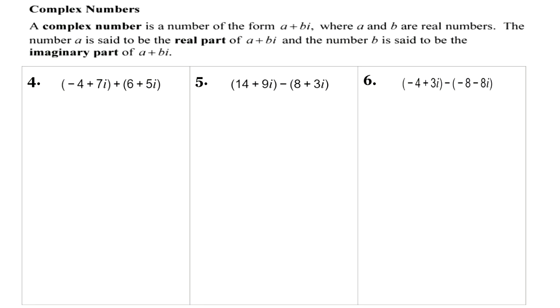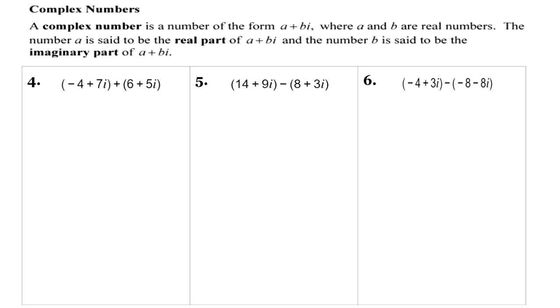Now we are going to add and subtract. And the thing about adding and subtracting, you add and subtract just like we do regular binomials. So we treat i just like we treat x or y or z, based on what variable we have. So we treat it the same way.